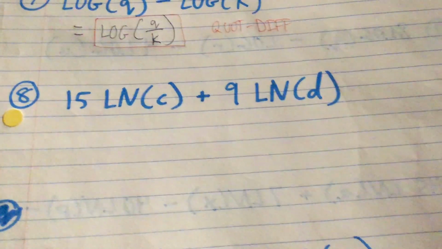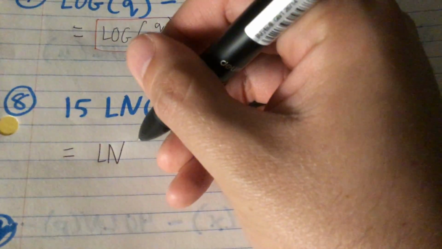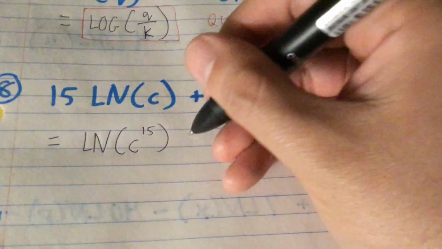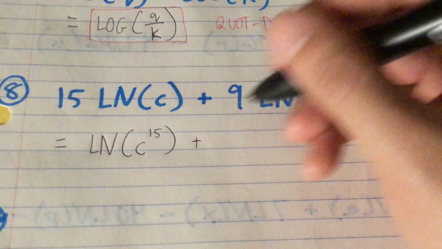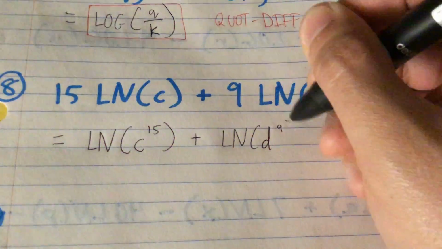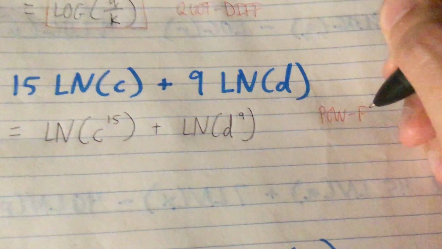If they're factored out of a logarithm, that means that they were originally supposed to be exponents. So this is natural log of c to the 15th plus natural log of d to the 9th. The reason why this works is because of the reverse of the power factor rule.